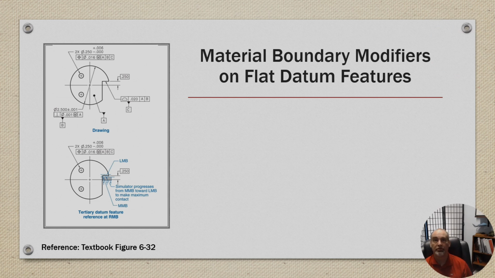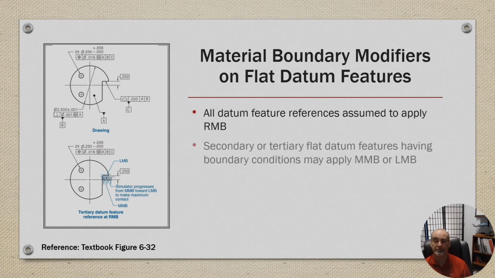Okay, so material boundary modifiers on a flat datum feature. All datum feature references are assumed to be applied at RMB, regardless of material boundary. Secondary or tertiary flat datum features having boundary conditions may apply MMB or LMB, for maximum material boundary or least material boundary.